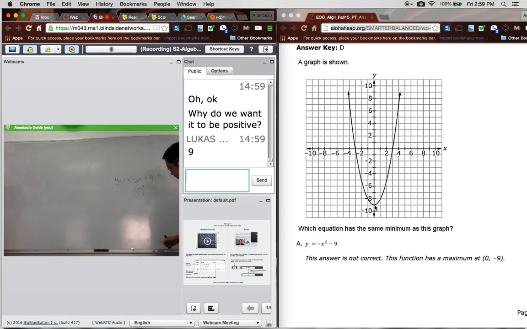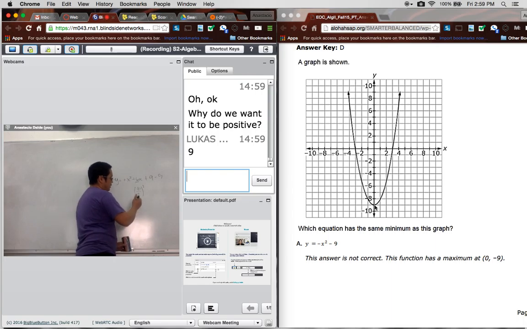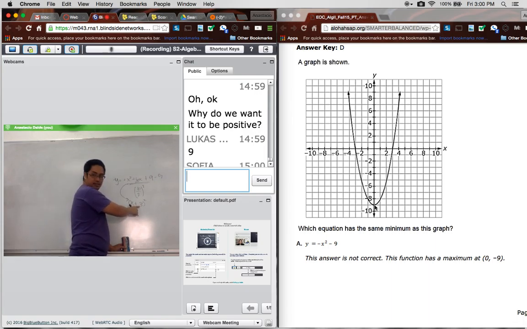And then we said, okay, well, this thing right here ends up being x plus 3 squared. Right? And notice which number went in here.